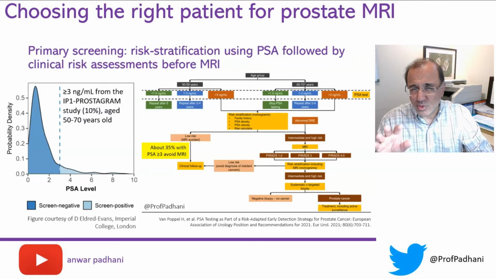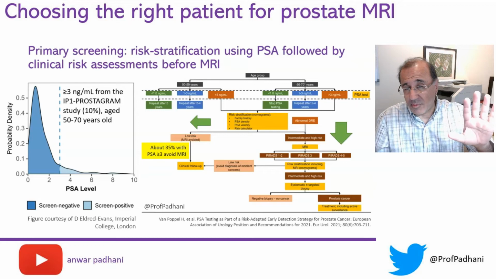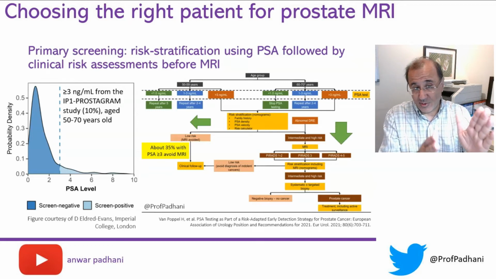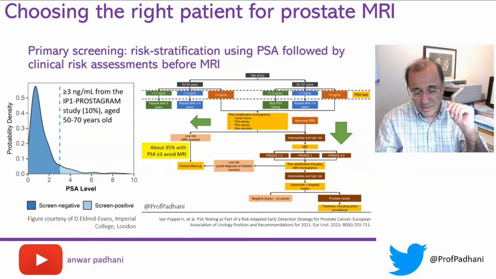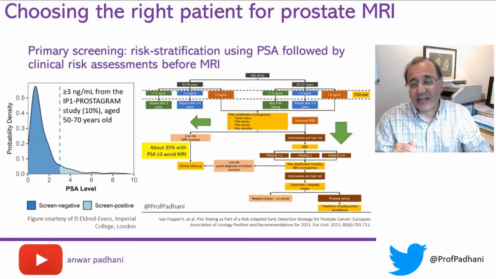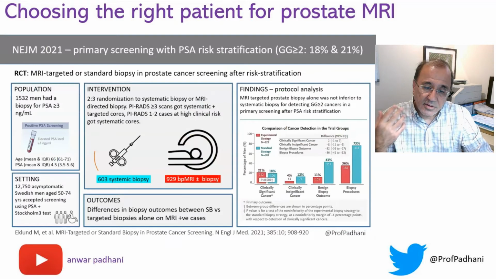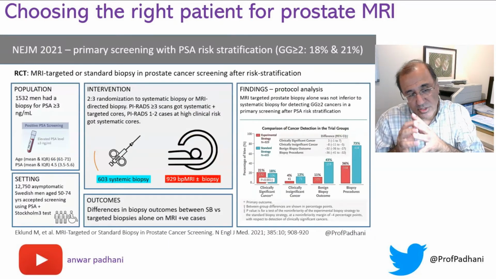Now, if you were to use this strategy, what would be the prevalence of clinically significant cancers? So you're not biopsying everybody, you're only biopsying those 10% of men with a PSA of more than 3. And this was looked at by a recent study, which I've illustrated here.